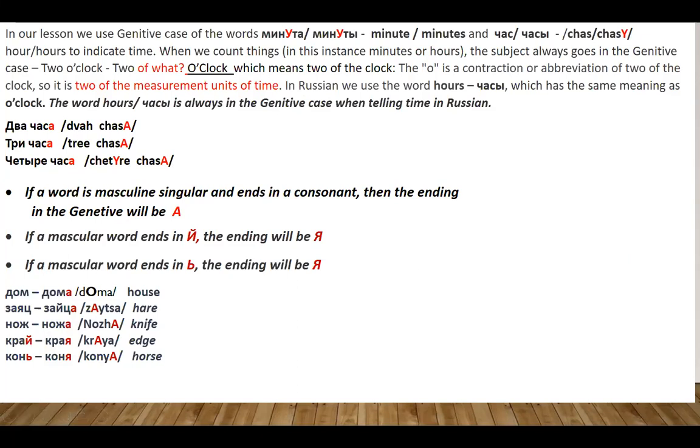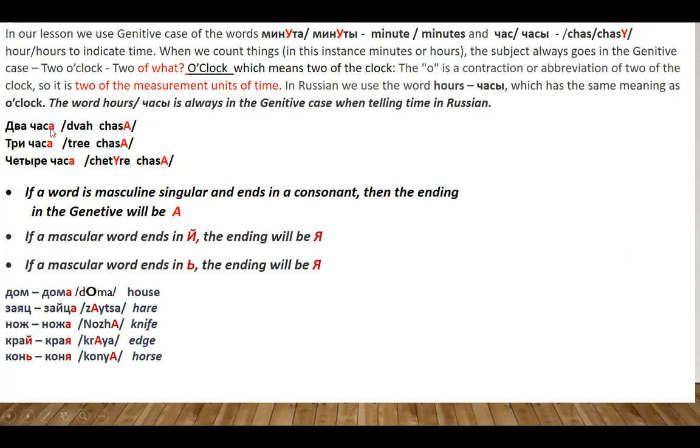So if a word is masculine and in singular, and it ends in a consonant, then the ending in the genitive case will be a, like in this instance, 2 часа, because час is masculine and it's in singular, and it ends in a consonant. So the ending will be in genitive a.